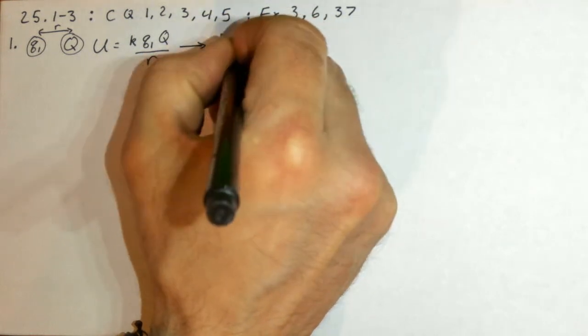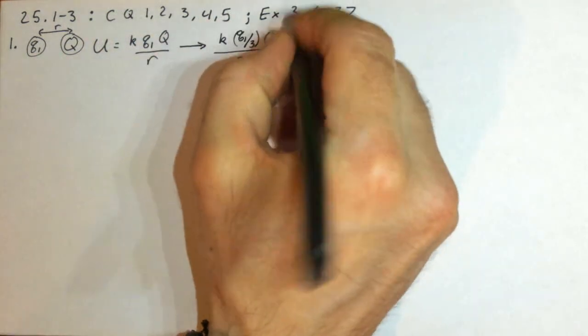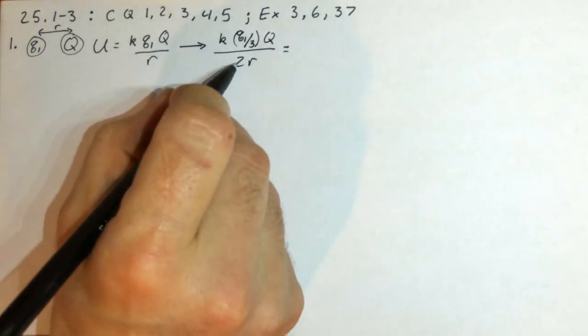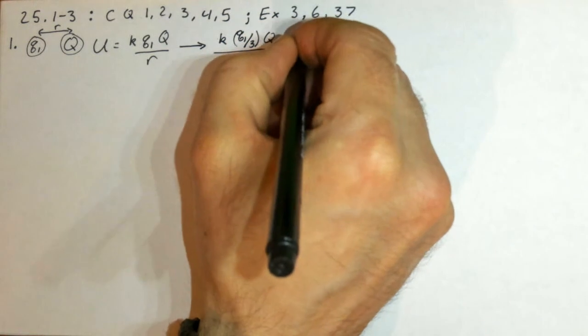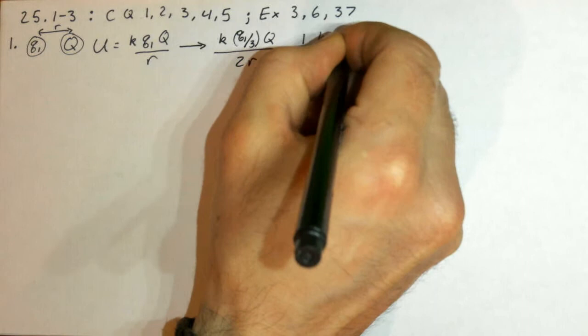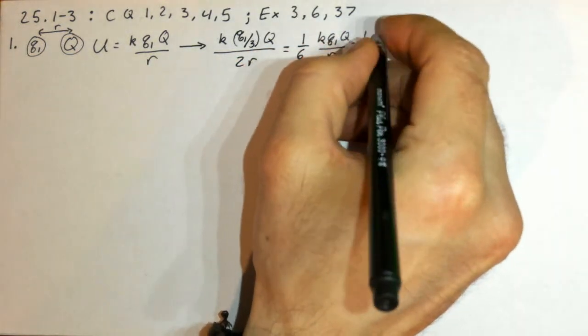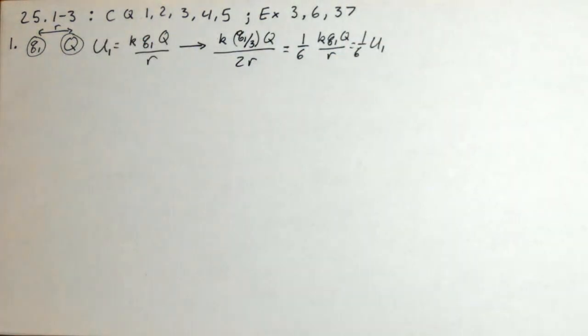Big Q doesn't change. And then 2R. And if you factor those out, that's going to give you 1/3 times 1/2, with a 3 in the denominator and a 2 in the denominator. So it's going to give us 1/6 K Q1 big Q over R, which is 1/6 U1.